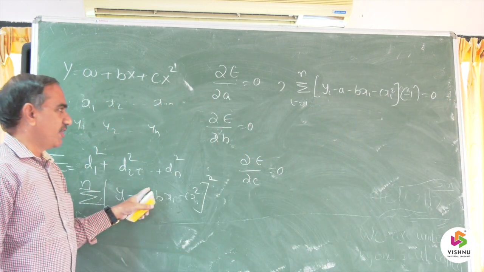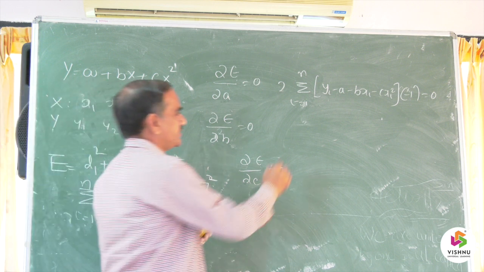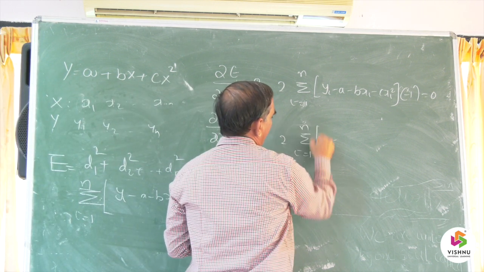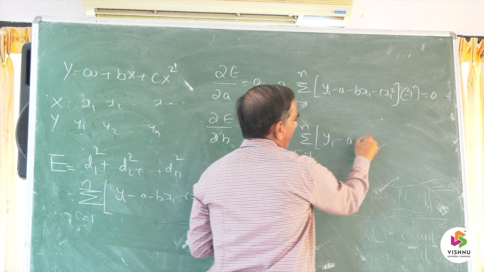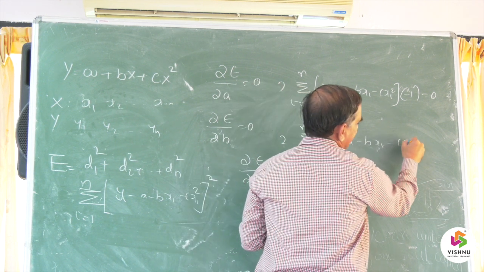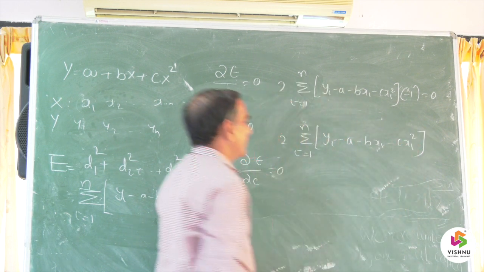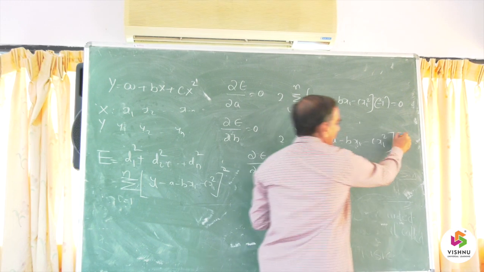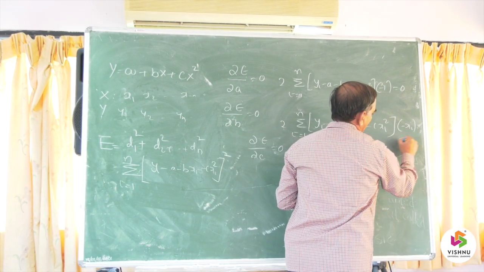Similarly, for the second differentiation, ∂e/∂b is equal to 0. Once again express it in the form of 2x. Sigma i is equal to 1 to n, yi minus a minus b xi minus c xi square. Here we are differentiating with respect to b, so the b coefficient is minus xi. So multiply with minus xi, is equal to 0.